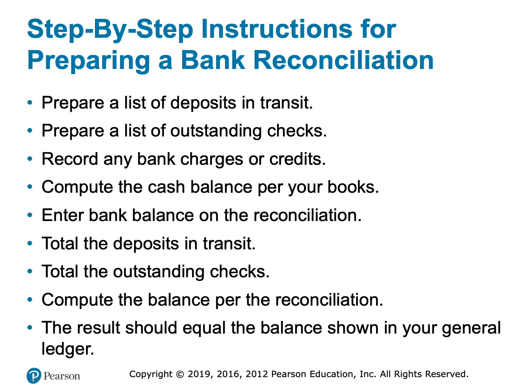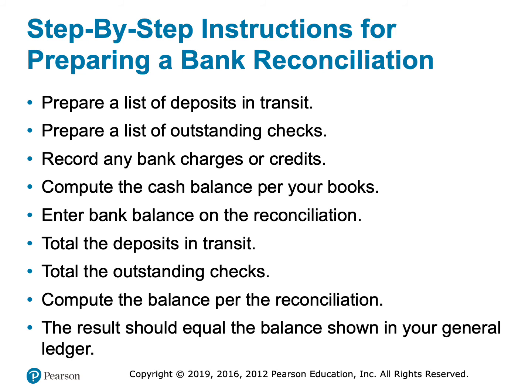So, step-by-step instructions for preparing a bank reconciliation. We're going to prepare a list of all those deposits in transit, those deposits we made that hadn't cleared the bank as of bank statement date. We're going to prepare a list of any outstanding checks that we wrote that hadn't cleared the bank as of bank statement date. We're going to record any bank charges or credits that appeared on the bank statement.